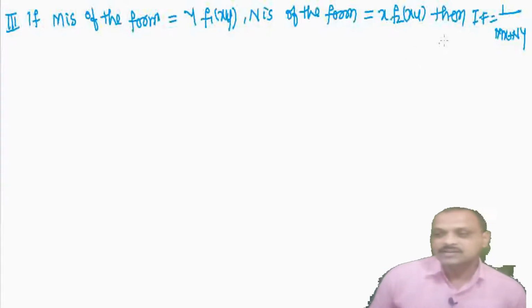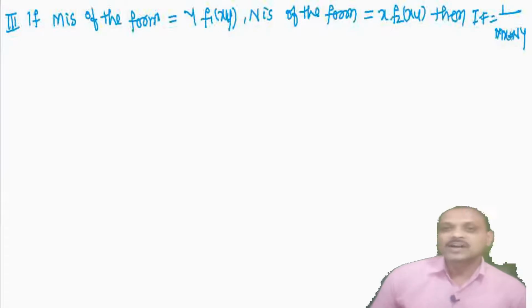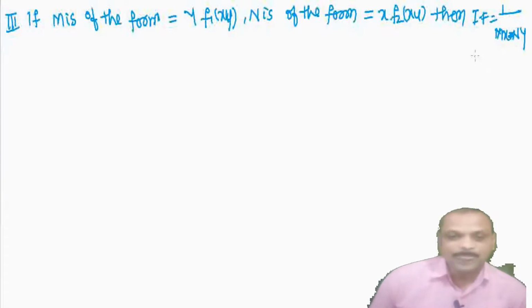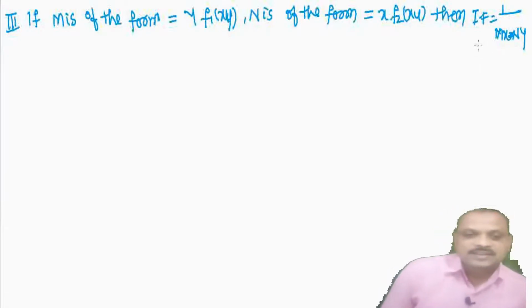Mx minus Ny is an integrating factor. This is the third rule.